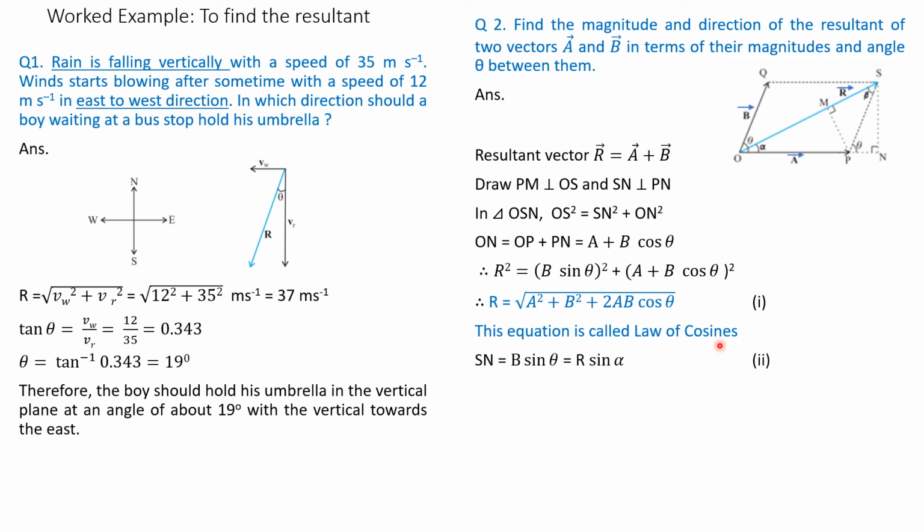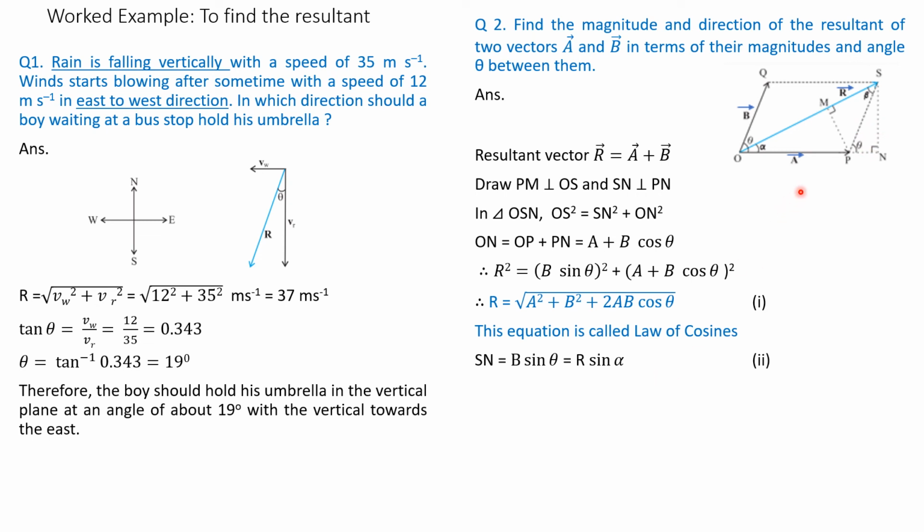Next, we have to find the relationship between the angles. So from the figure, SN is equal to B sin theta. This is angle theta. In this triangle PSN, SN is equal to B sin theta, that is the opposite side.